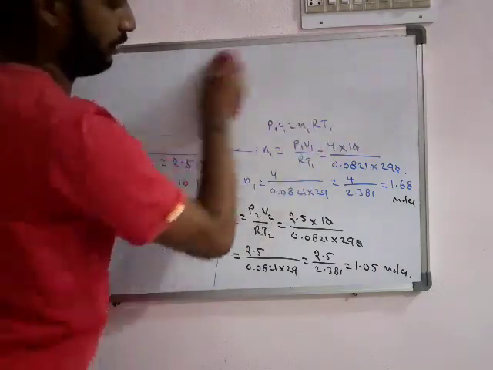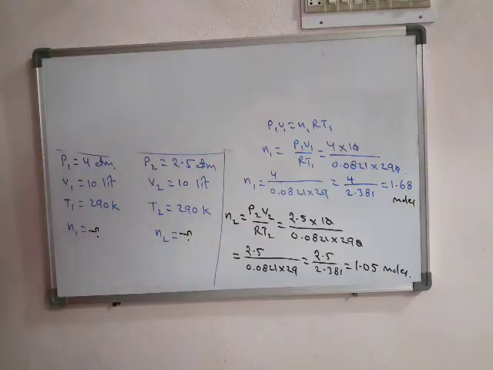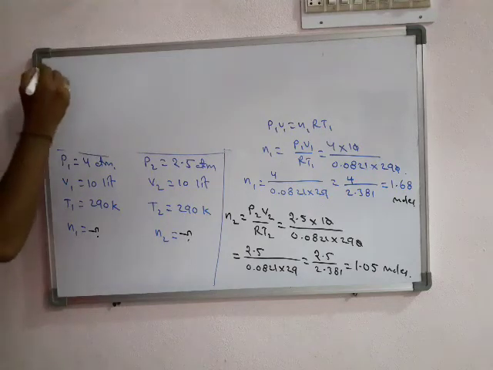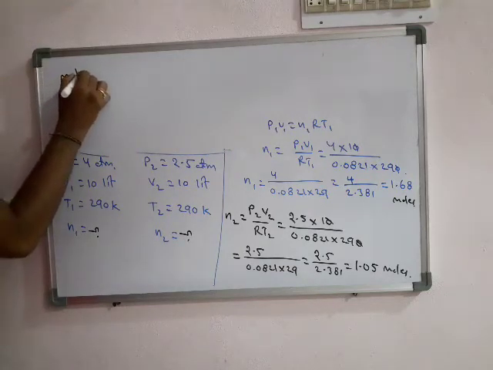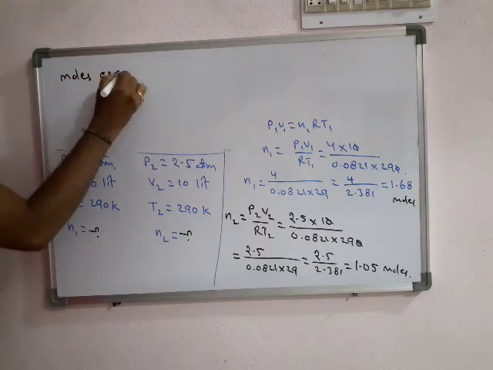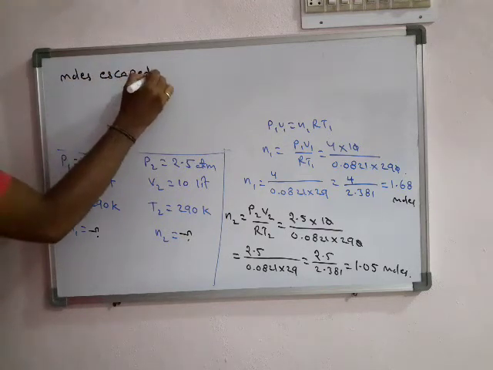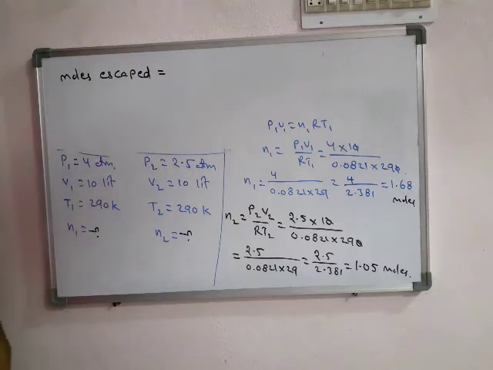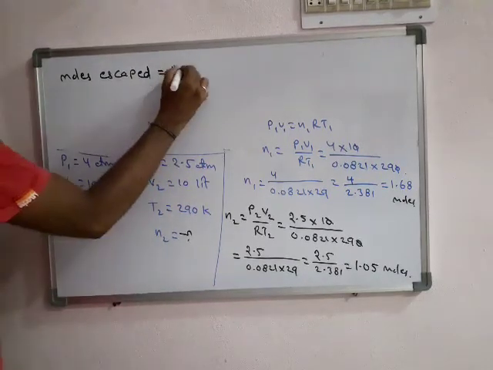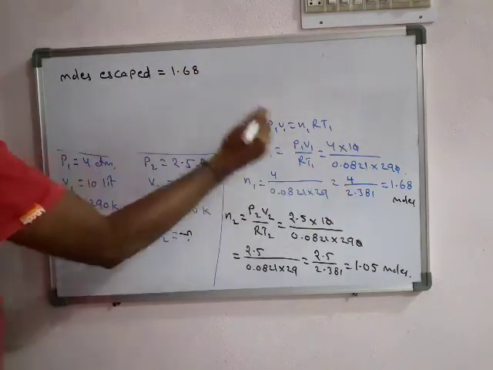But in this problem, finally the question is, what is the change in number of moles? Okay, the moles escaped. At first, what is the number of moles? That is 1.68 moles are there.